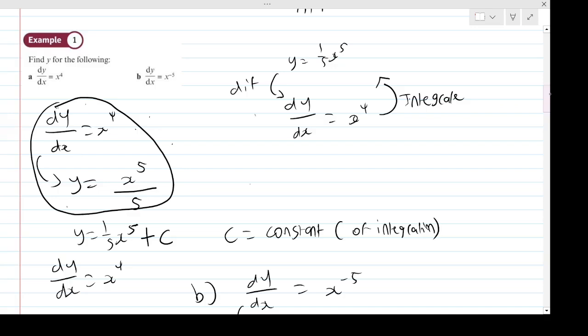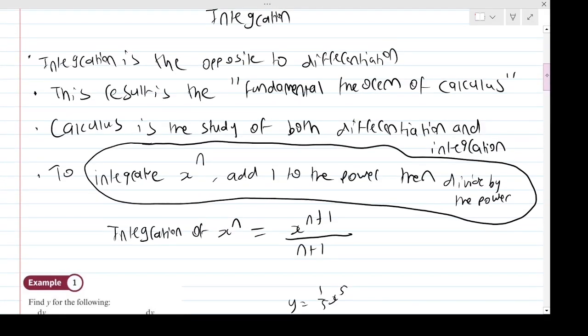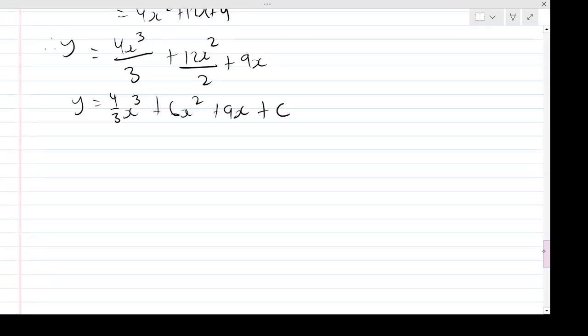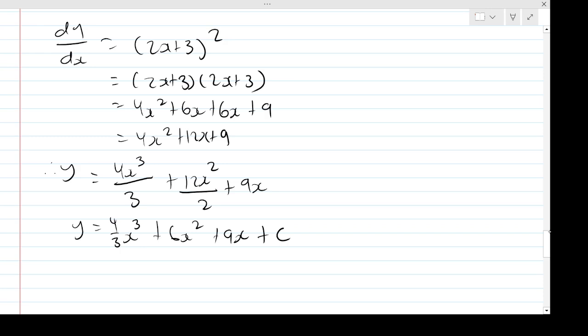So instead of differentiating from the gradient, if we had the gradient, then we need to integrate to get back to the original function. These two ideas are very important. We'll be using them throughout the course. But yes, so hopefully you start to get the idea basically of how to integrate powers of x.